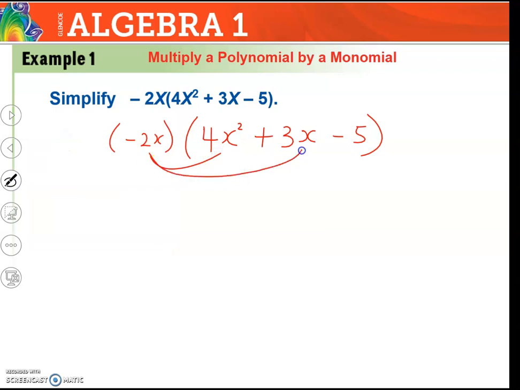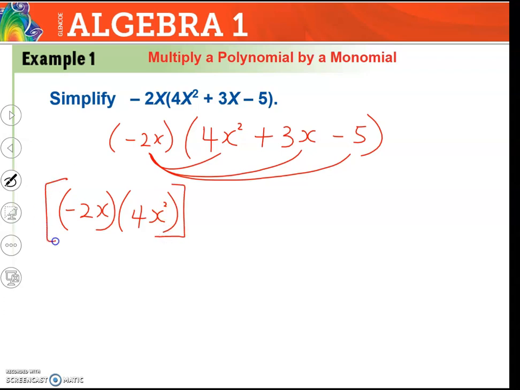it also multiplies 3x, and it also multiplies negative 5. So we're going to have negative 2x in bracket multiplying 4x squared. I put them in a square bracket.